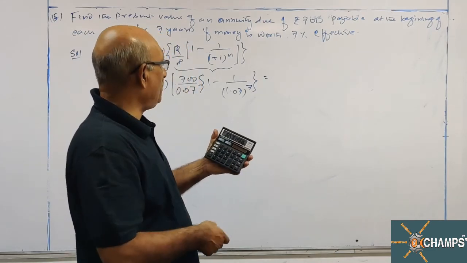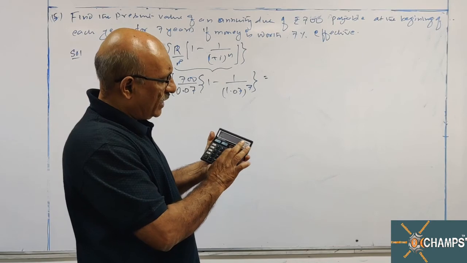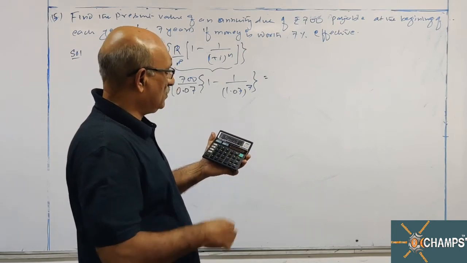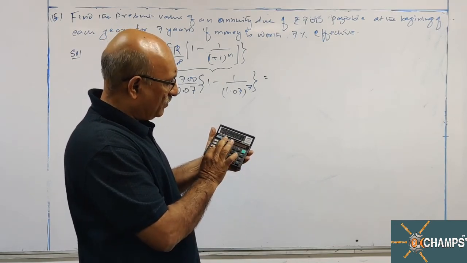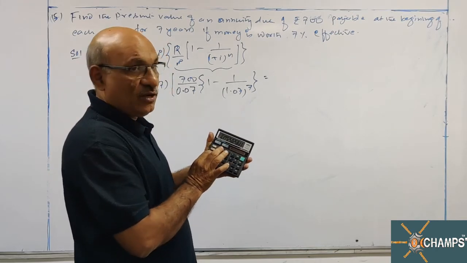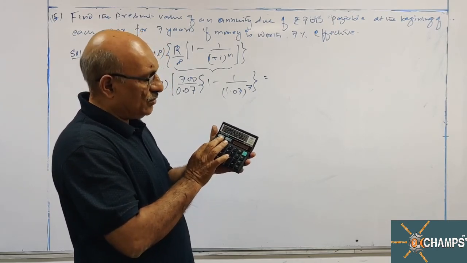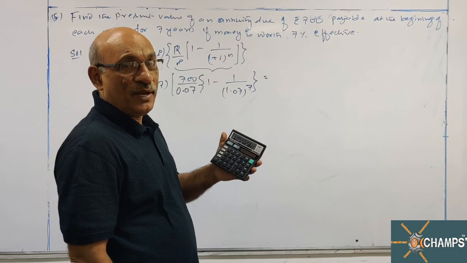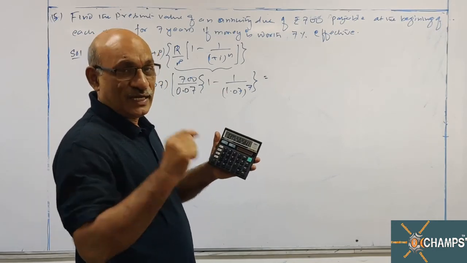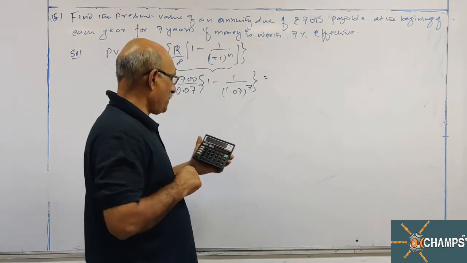Store it in memory. Memory plus 1 divided by MRC is equal to. 1 should be subtracted from this. You will get a negative value, but I know it is a positive value, so by pressing the plus-minus button, the minus sign is eliminated.